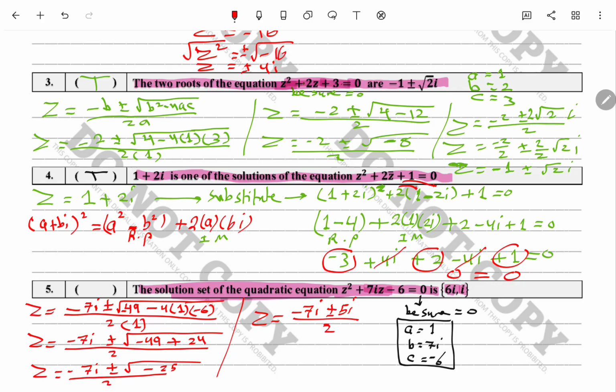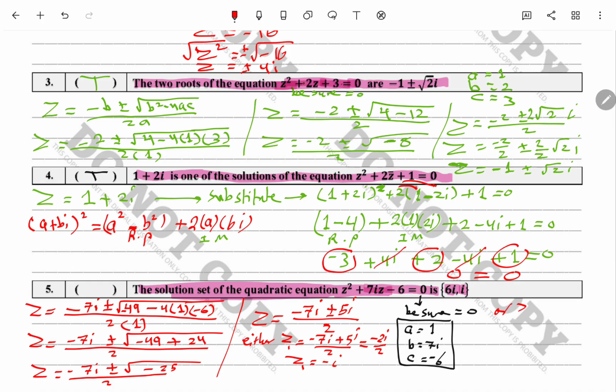Now you will have two solutions. Either you add them or subtract them. So z1 equals negative 7i plus 5i, divided by 2. Taking the sign of the bigger one and subtracting them, you get negative 2i divided by 2, and that will make the answer negative i.